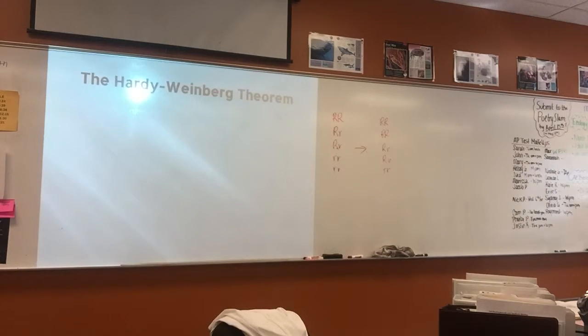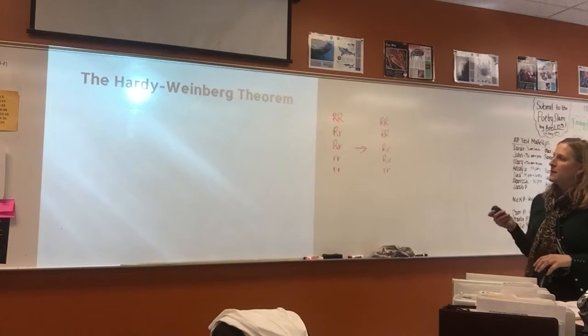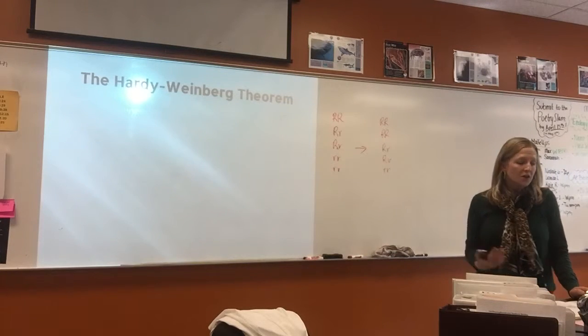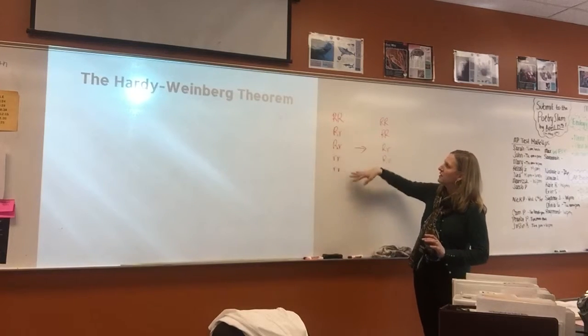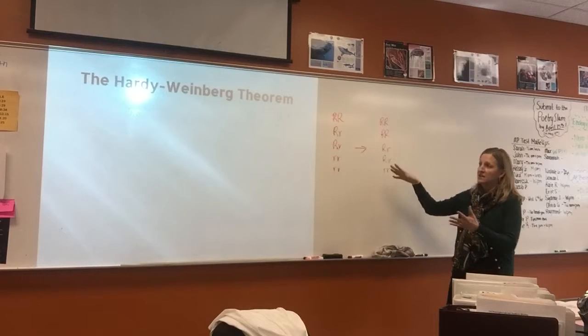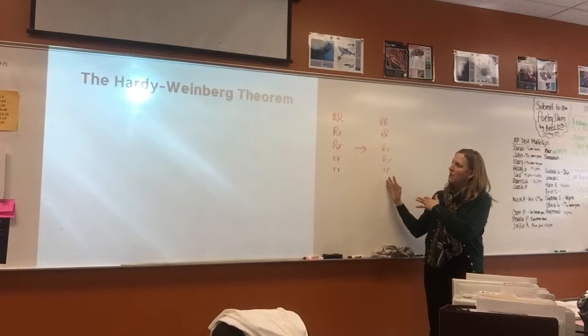So we're going to study the evolution of populations, and how we do that is we use something called the Hardy-Weinberg theorem. Two scientists, Hardy and Weinberg, came up with this. We're going to talk about how a population changes over time. The genes change from one generation to the next. That is the definition of a population evolving.